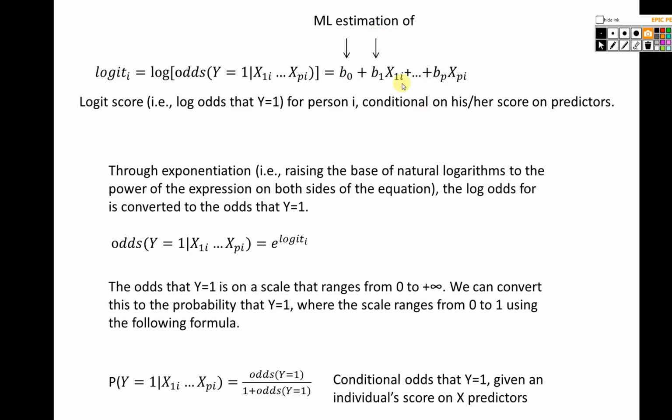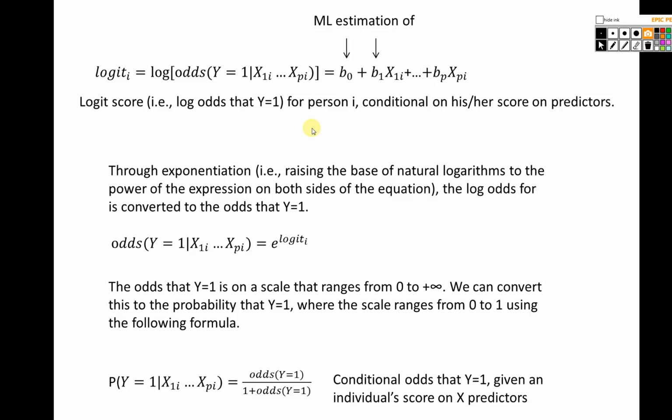You can see that this linear model right here looks very similar to what you would have in a standard least squares regression. But again, it is a linear relationship between the predictor variables and logits, which are basically what are referred to as the log of the odds that the individual falls into group 1, conditional on the set of predictors.